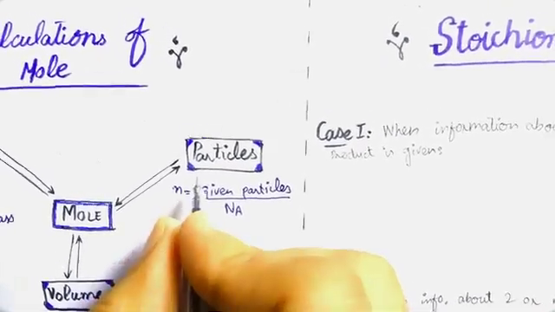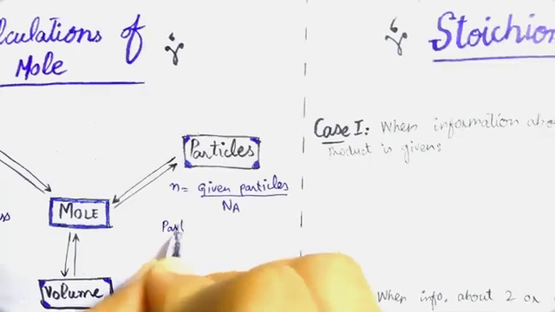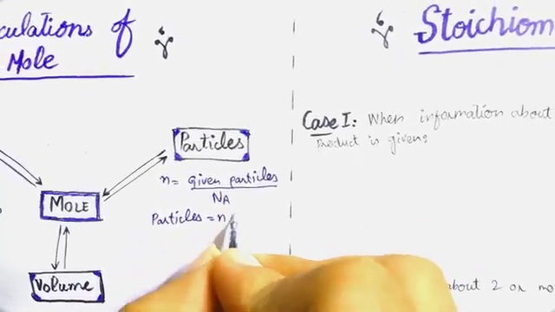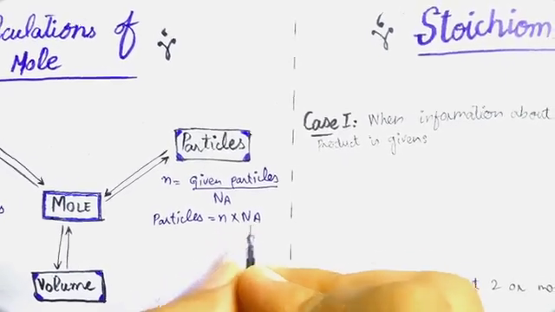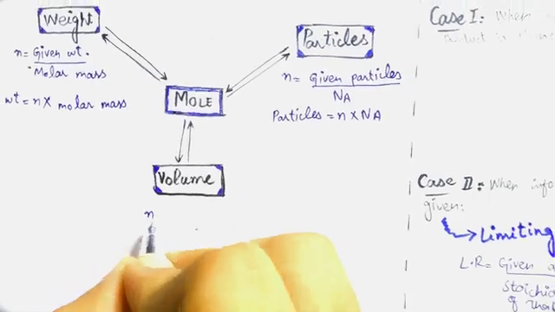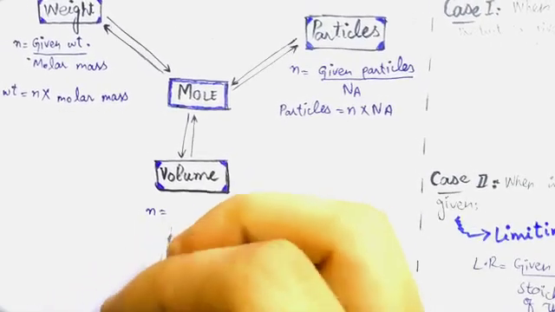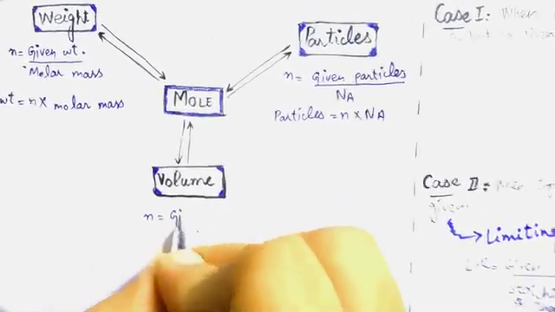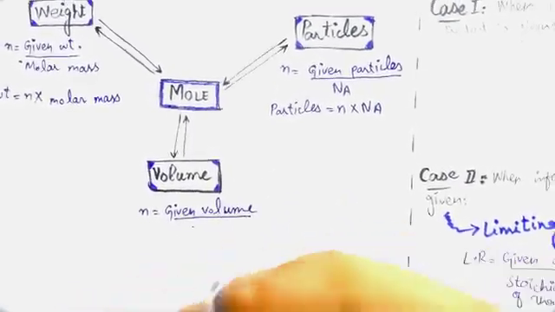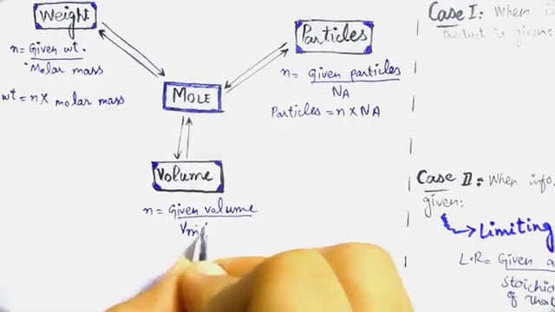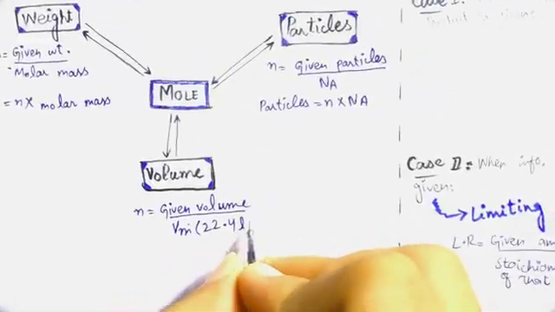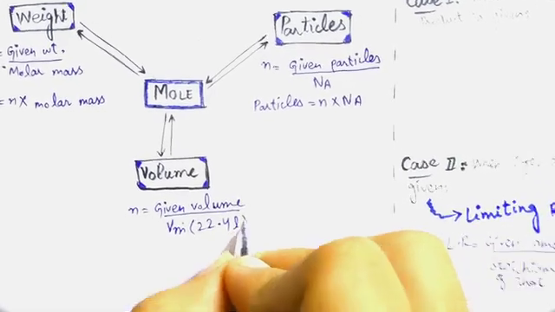And if we find particles by using moles, the formula is particles is equal to moles multiplied by Avogadro's number. And if we find moles by using volume, it is given volume divided by Vm, molar volume, whose value is 22.4 liter or 22,400 milliliter.